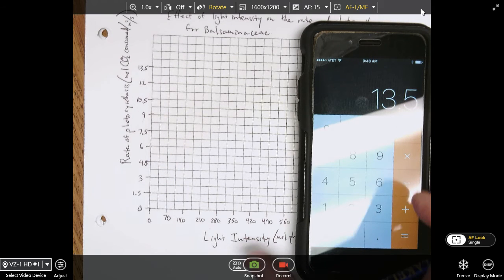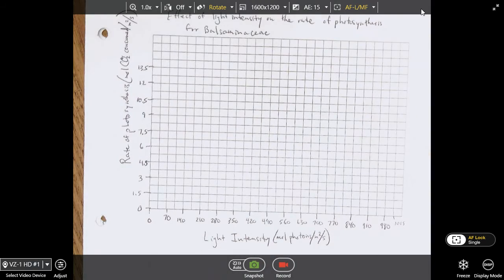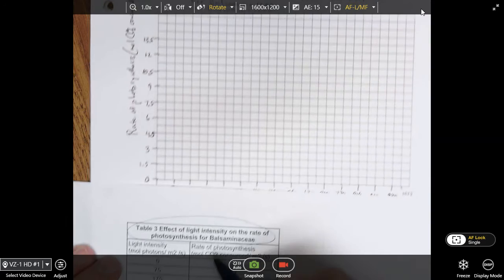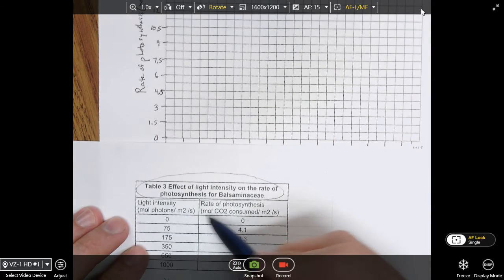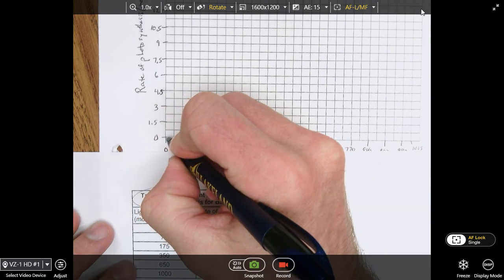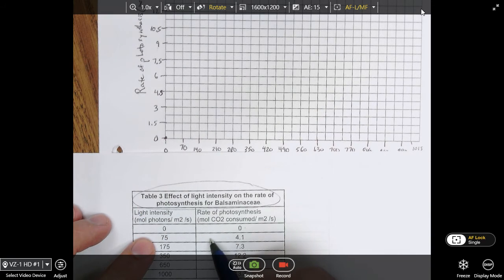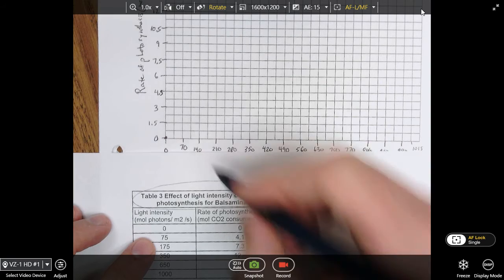So now I need to plot my data for the fifth proficiency requirement. It needs to be represented properly. So the very first thing I need to plot here is 0, 0. So I put a dot at 0, 0. Now I'm going to go over to 75 and up to 4.1.